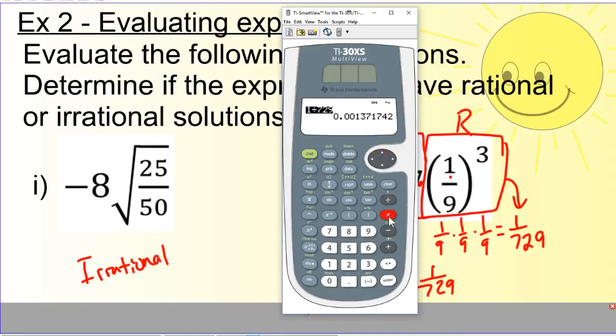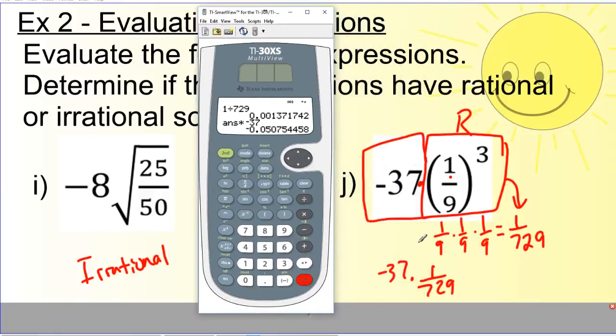My calculator's being weird on me, I guess. One divide, there we go. 729 equals, okay, so there's the decimal. Times negative 37 equals, we got that junk. Still, it looks irrational, but it's not.